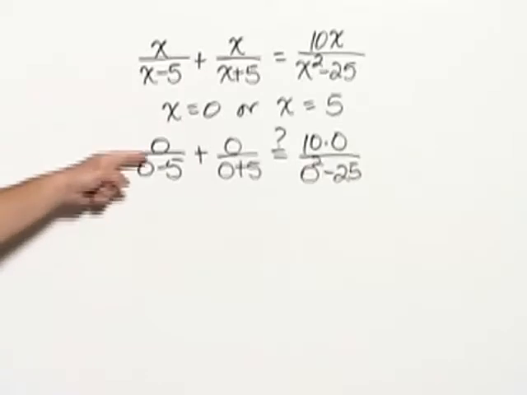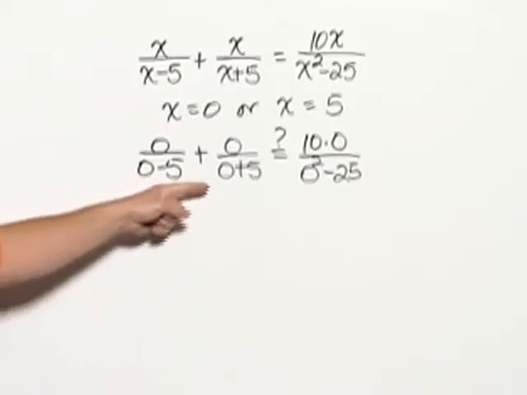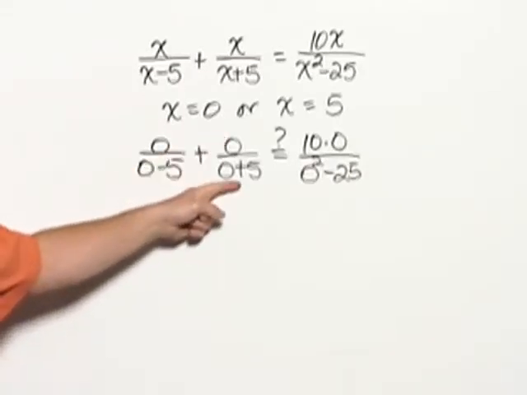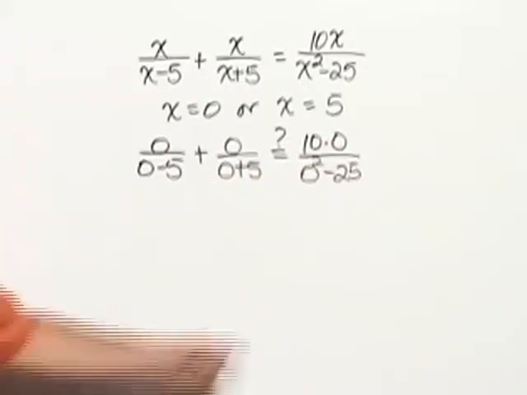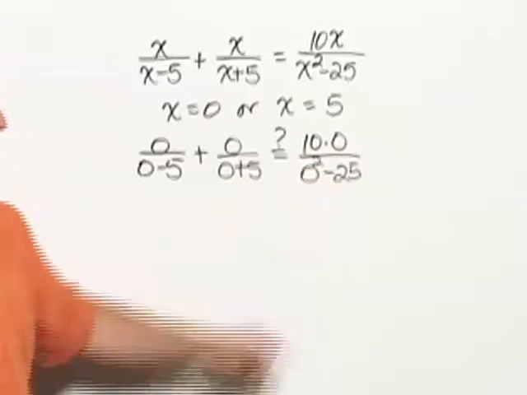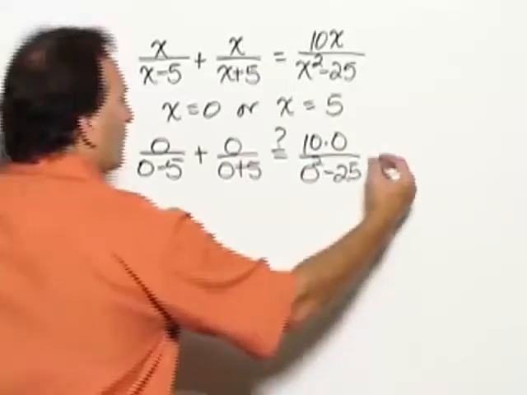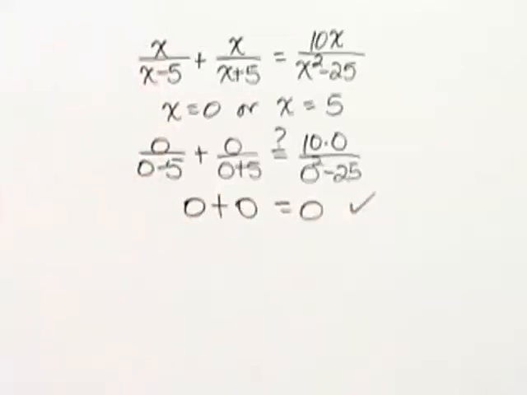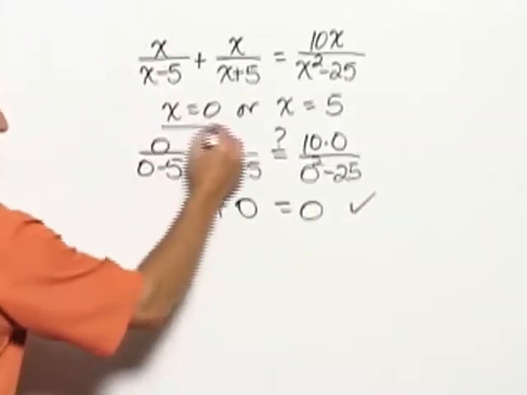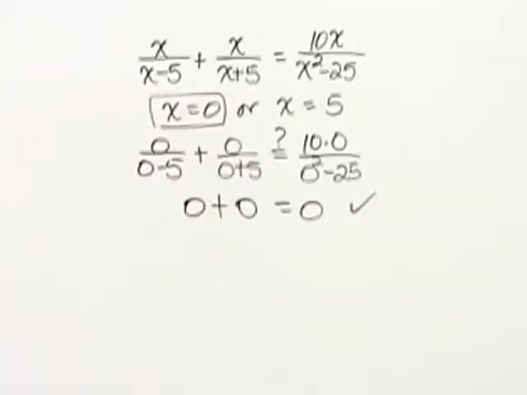Well, 0 divided by negative 5 is 0. 0 divided by positive 5 is 0. 10 times 0 is 0. And 0 divided by negative 25 is 0. We have 0 plus 0 equals 0. So it checks, and that tells us that x equals 0 is a solution.